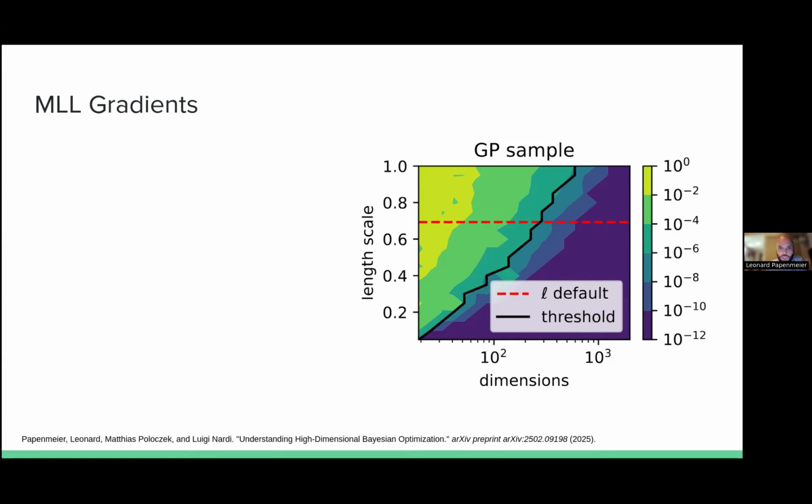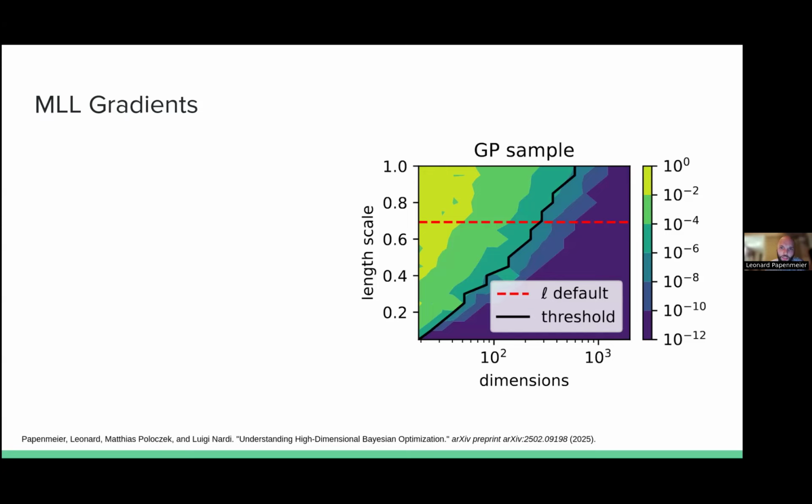In the figure, for each combination of initial length scale and dimension, this black line shows the point at which the maximum gradient norm falls below the machine epsilon. We use the machine epsilon as a proxy for vanishing gradients because there's no agreed upon definition of vanishing gradients, but machine epsilon, I think, is a pretty safe estimate.